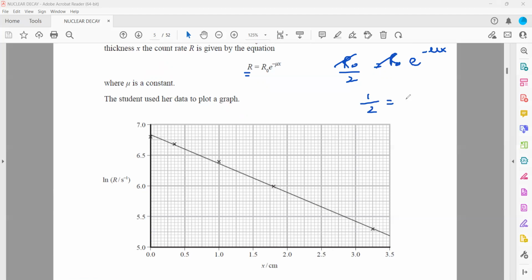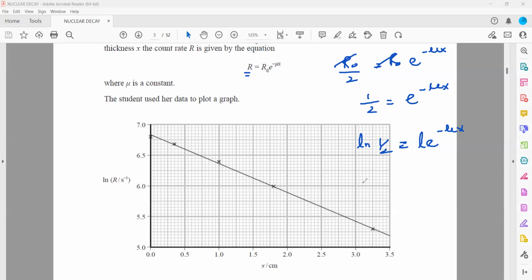So this will be 1 over 2 is equal to e raised to power minus mu x. If we take ln both sides, this will be ln 1 by 2 is equal to ln e raised to power minus mu x.